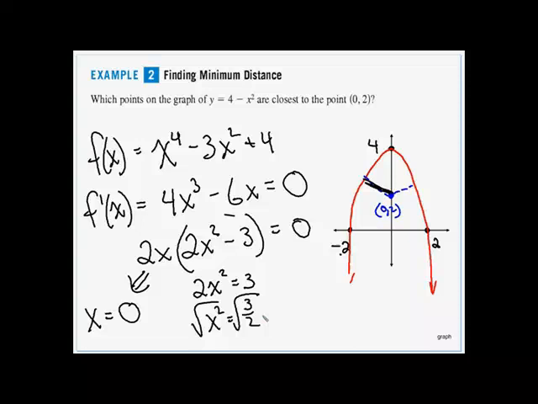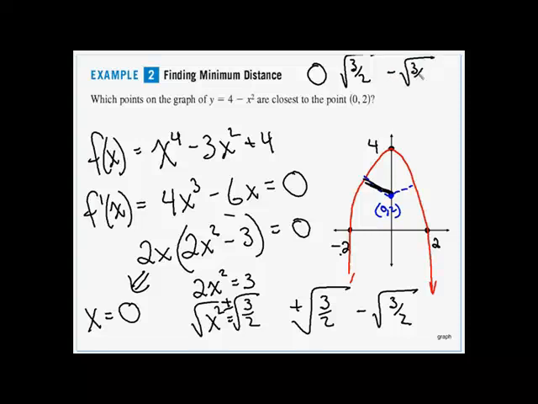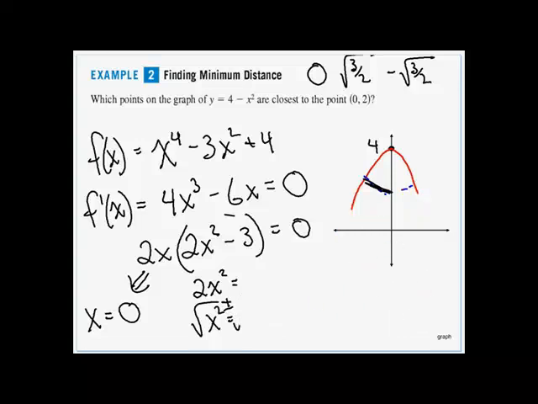So we're going to have plus or minus the root of 3 halves. There are our 3 critical numbers: 0, the root of 3 halves, or the negative root of 3 halves. Again, in this type of problem, there are no endpoints to consider.